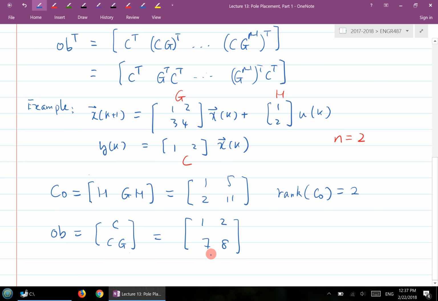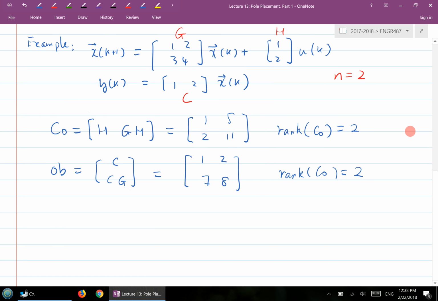You can calculate the determinant to determine the rank: 8 minus 14, so negative 5, still not 0, which is full rank here. So both matrices are full rank, so the system is both controllable and observable. Okay, it's very simple.